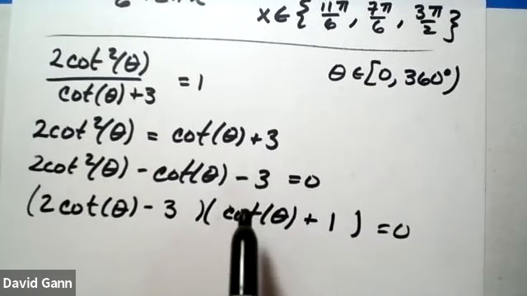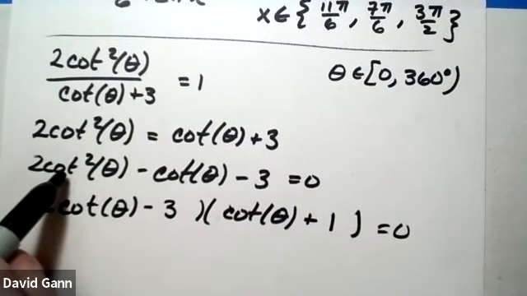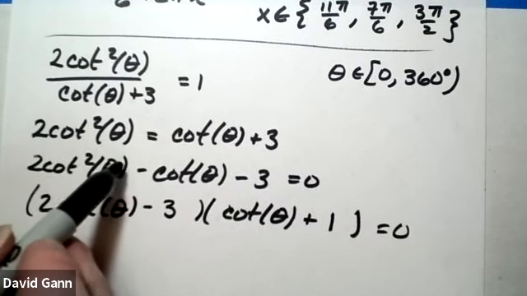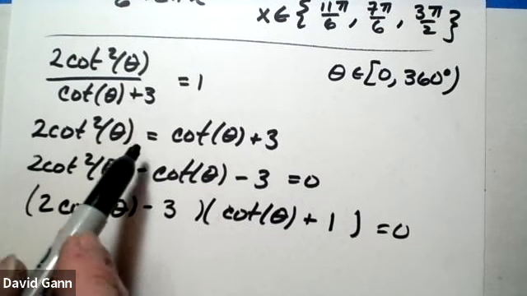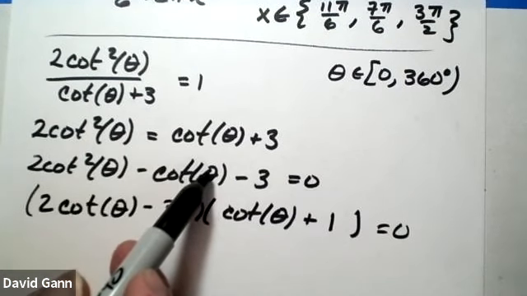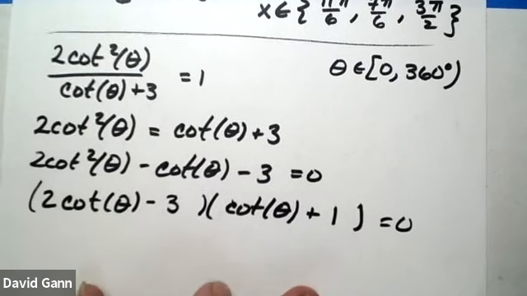Let's FOIL that out real quick. You've got 2 cotangent squared theta, and then -3 plus 2, we have minus cotangent of theta, and then -3 times 1 is -3. So this is the proper factorization.